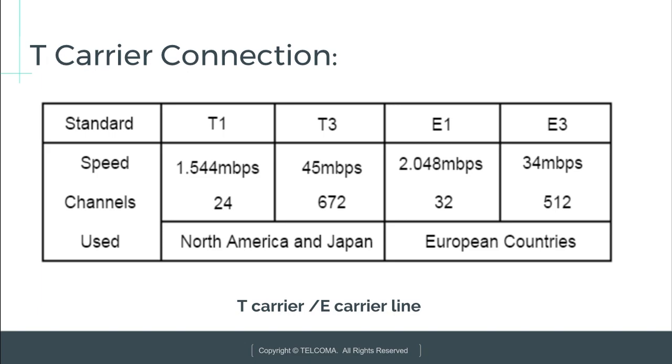T3 is 45 Mbps and E3 is 34 Mbps. T1 uses 24 channels and E1 uses 32 channels, whereas T3 uses 672 channels per DS3 signal and E3 uses 512 channels. This is the difference between T1, T3 and E1, E3 lines.